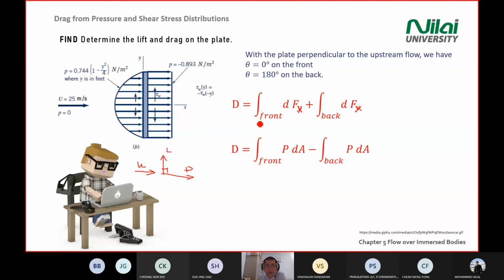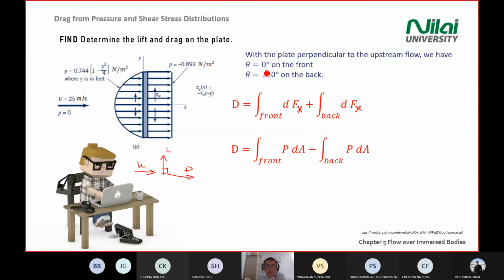So D equals the integration of dx Fx because drag is parallel to the upstream direction. So again, when you use these slides later on, there's a typo error. This one. So D equals the integration of front P dA.